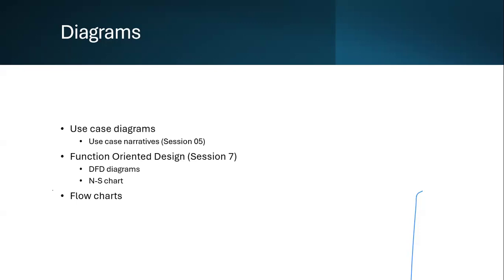So just go through the DFD diagrams and get a high level understanding of what a DFD diagram is and what happens in it. I don't think you need to learn how to draw these DFD diagrams and NS charts, but if you have something extra in your hands, sometimes you might be stronger than the others.